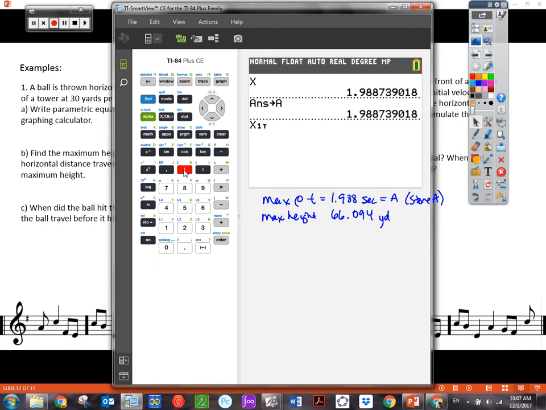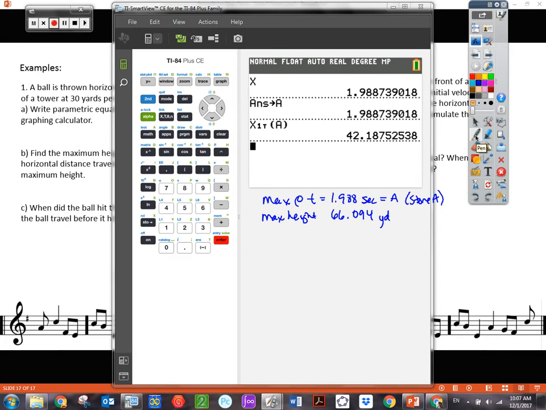And I want it evaluated at a. And that's going to give me my horizontal distance. Okay, so I would write x of a is 42.188 yards, and that's my horizontal distance.